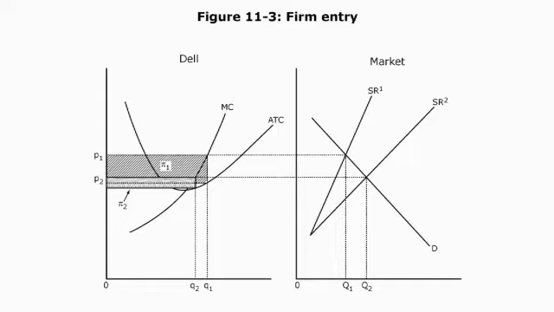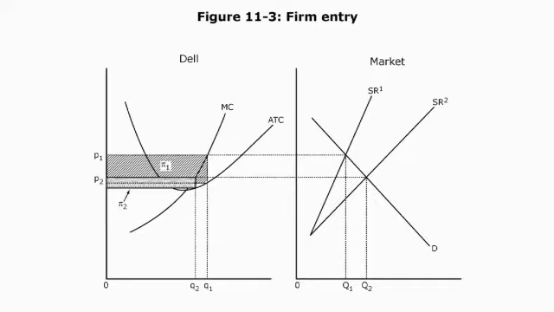It's a new novel technology. People want it, but not many firms are doing it. What happens with Dell? Now let's go to the left-hand side diagram. Well, Dell is producing where price equals their marginal cost, at little Q1. But its average costs at that point are all the way down.